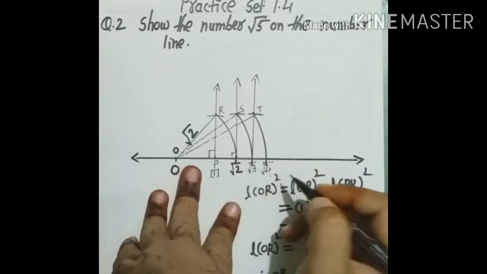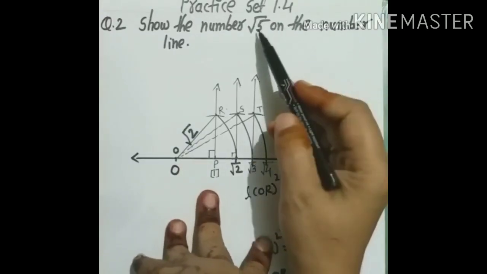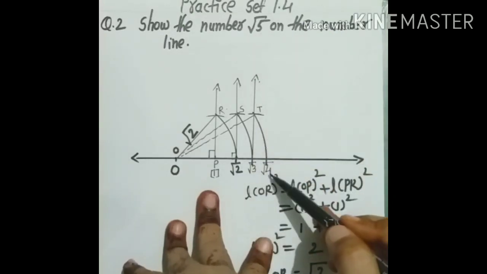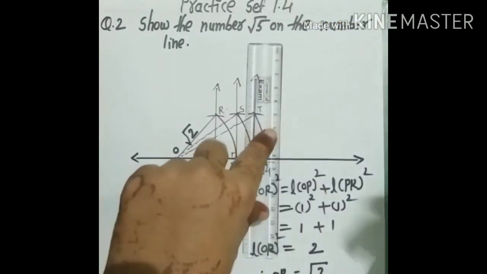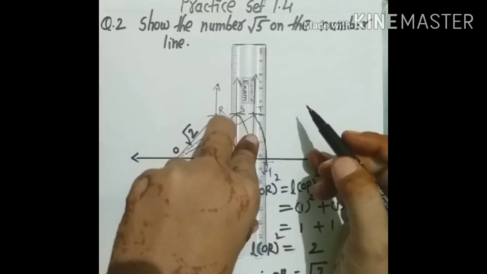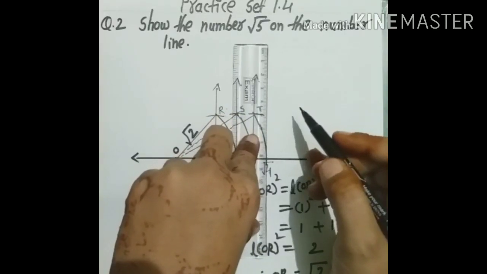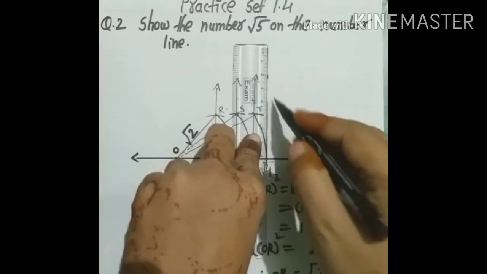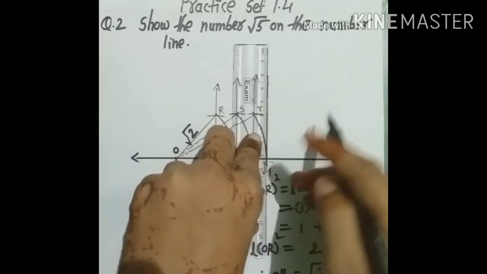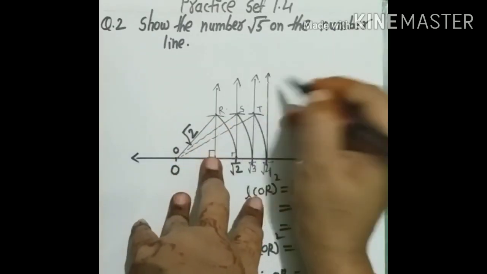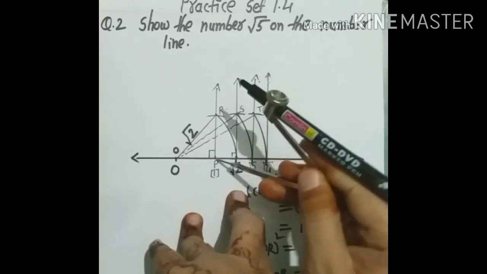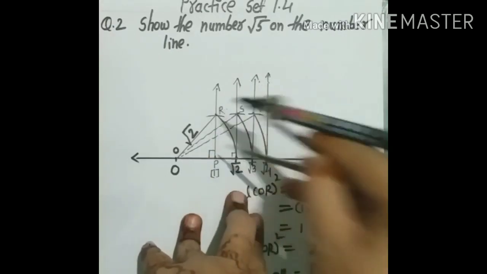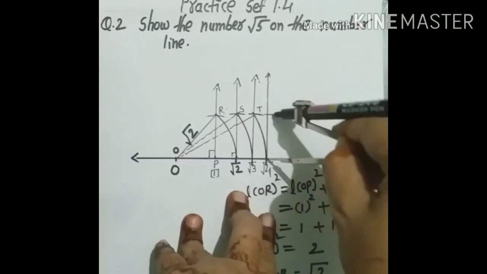Now this is your root 4. We have to construct up to root 5, which means we want one more arc. Draw again a perpendicular line. Give the arrow mark. Again take 3 centimeter, which is your 1 unit. So take the arc.